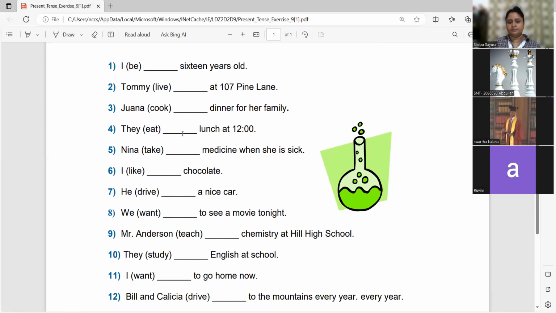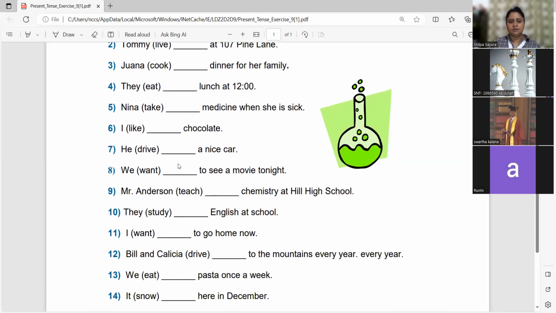They eat lunch at 12 o'clock. Very good. Next one. Another one, try. Nina takes medicine when she is sick. Good. Okay, now you all try on your own.